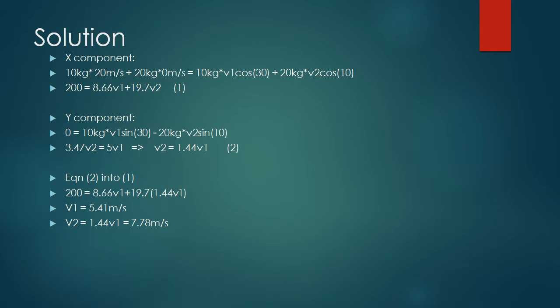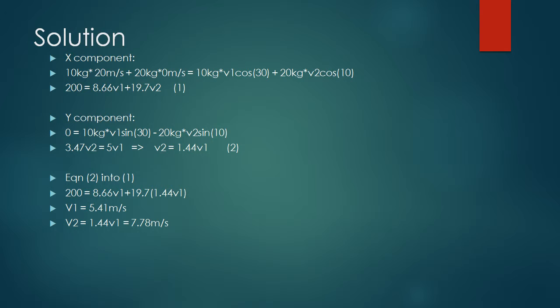First of all, we need to separate this into x and y components. In the x component, the momentum before is 10 kilograms times 20 meters per second, plus the momentum of the 20 kilogram ball, which is 0 because it's at rest.